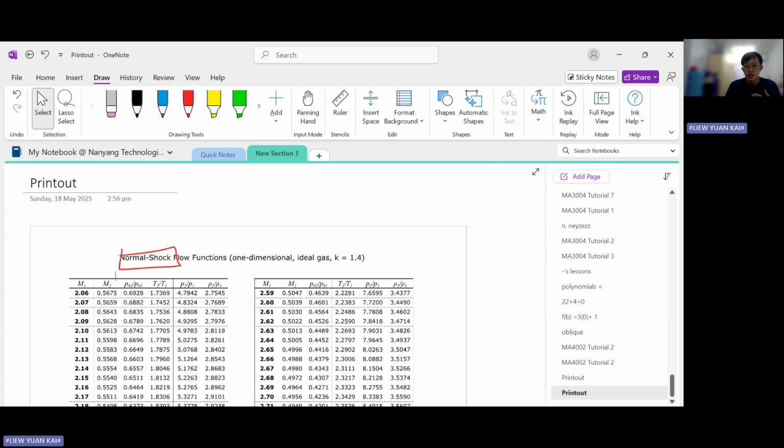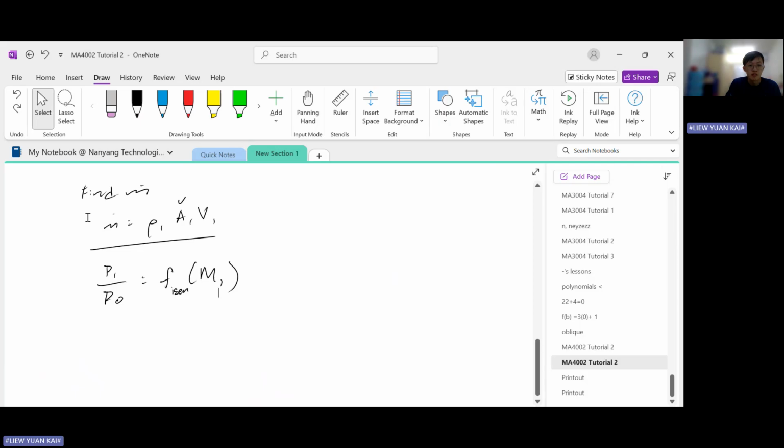That's why you need to specify isentropic down here. If we're dealing with normal shocks, then we will have to label it as normal shocks. So that is what this F tells me, that I'm getting this from the isentropic flow table.